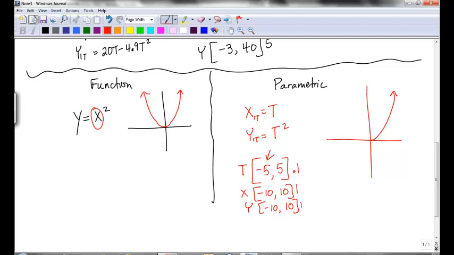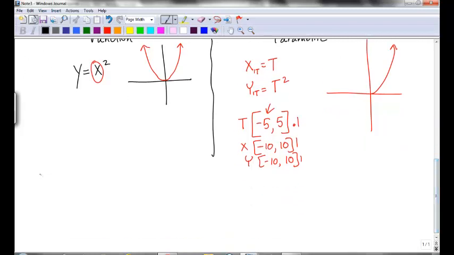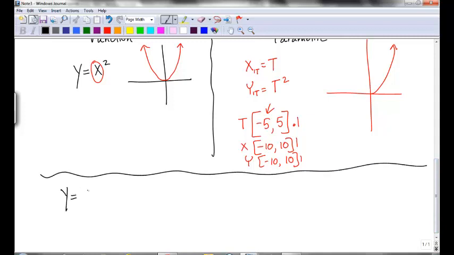Another example: say I gave you a parabola y equals 3x squared minus 5x plus 7. I know that's a parabola that opens up. If I want to graph it in parametric mode, I let x equal t.